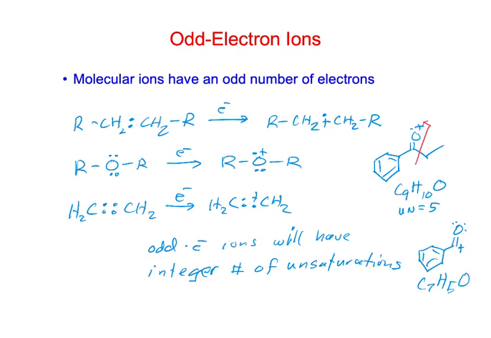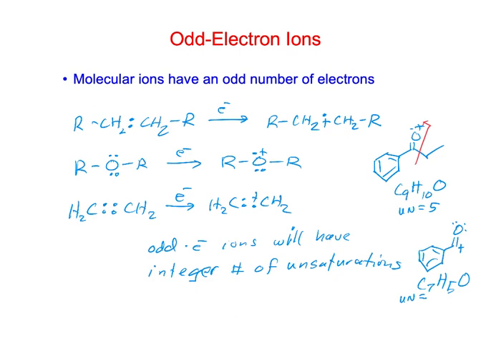But if we calculate out its unsaturations, what does it have? Still 5? Well, there's 4 from the benzene ring. It's about half. 5. But use the formula, the molecular formula, not just looking at the structure.